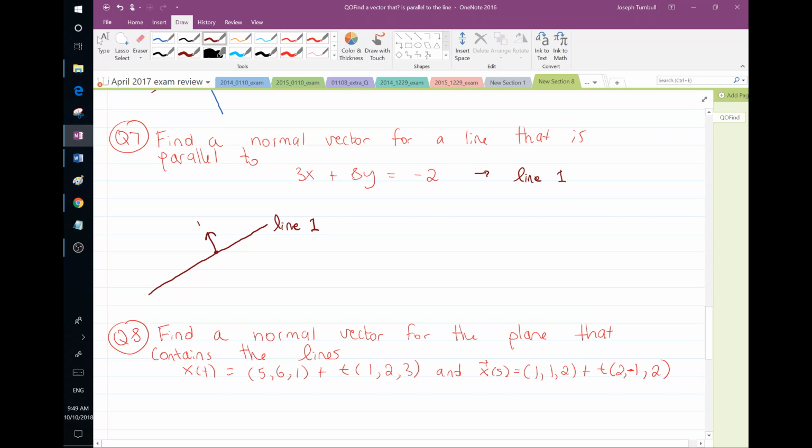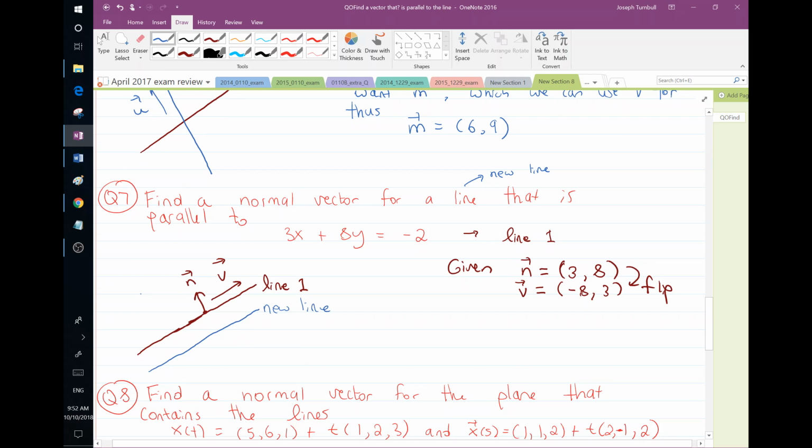So there's its N, normal vector, and there's its V. And we want a new line that is parallel to this line. So there's our normal vector M, and here's our direction vector U.